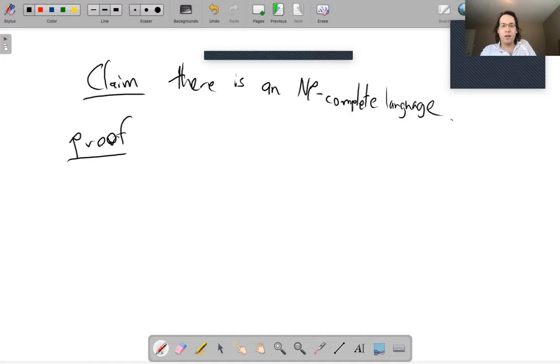So the proof is just take the language A, which asks you to decide if there's a witness that causes a verifier to accept. For example, we will give the verifier V some input to it. Let's give it two numbers written in unary here.